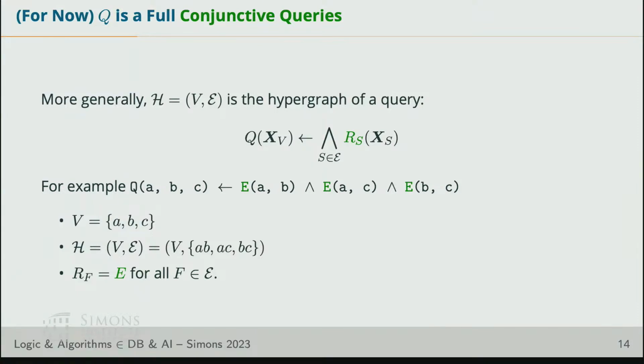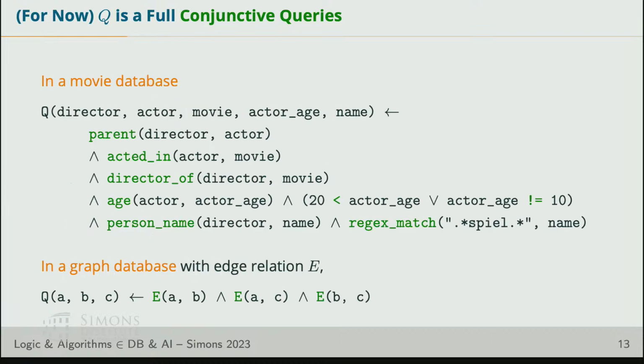The simplest example is the hypergraph, in this case, just a triangle. And then we would like all tuples ABC, for which AB is in E, AC is in E, and BC is in E. But in general, this hypergraph could be, like in the previous example, a hypergraph with an edge, director, actor, movie, actor, age, and so on.